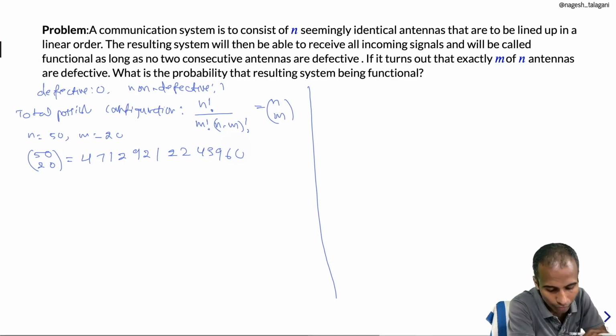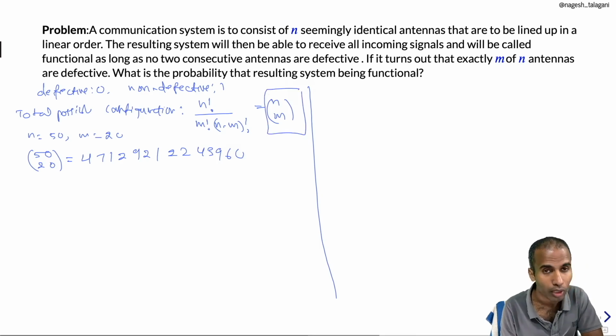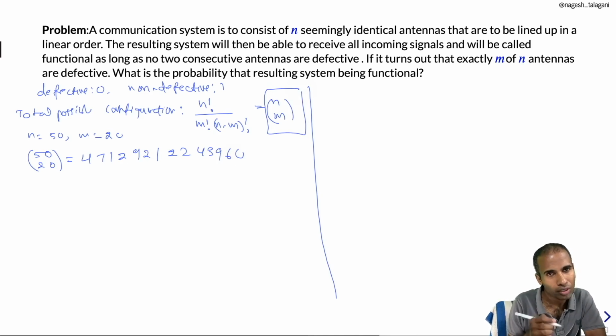Anyway, now we know there are n choose m total possible configurations, out of which how many of them actually result in functional systems? A system is functional if and only if there are no two consecutive defectives.